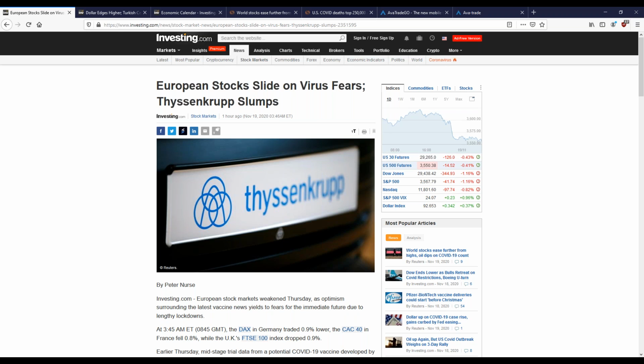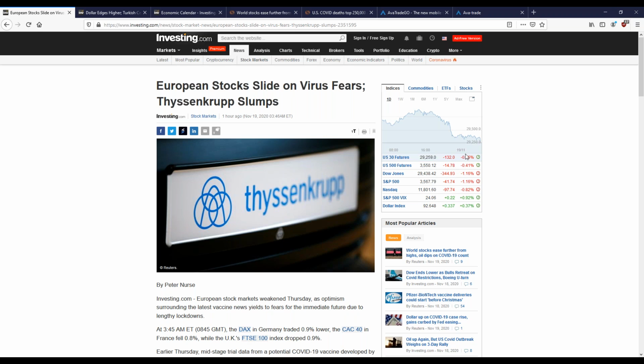US market hasn't opened yet, but US 30, US 500 in the red all morning, into the afternoon now. This is yesterday, closed in the red also. So it looks like the negative momentum is continuing from yesterday into today's futures. So when the US market opens, it likely could open down, okay?